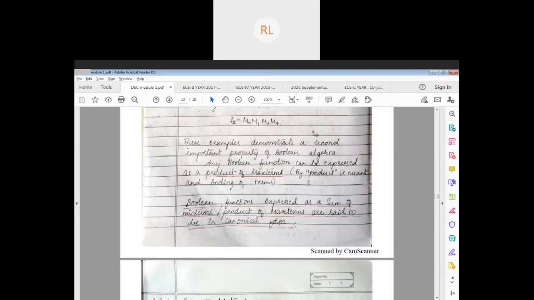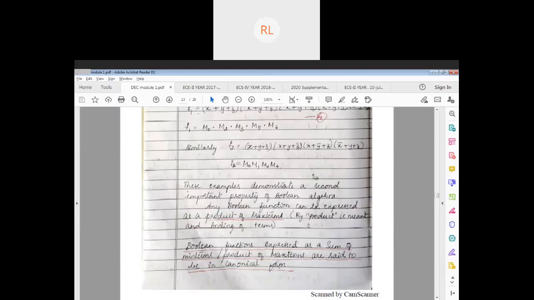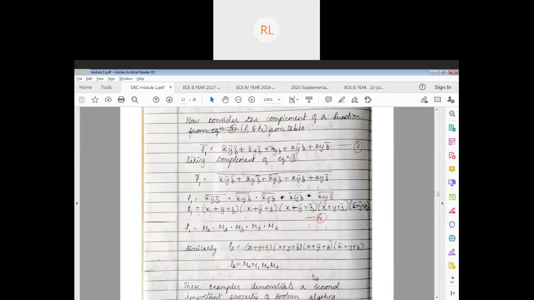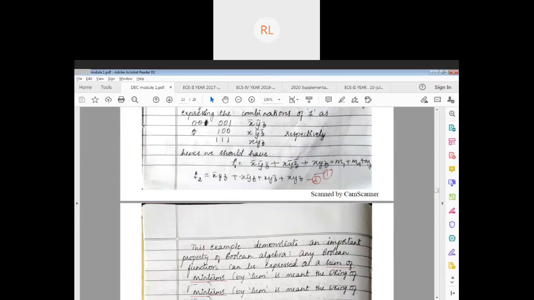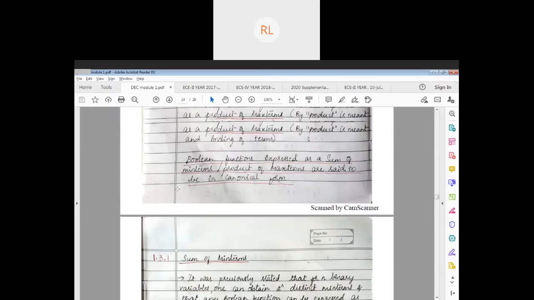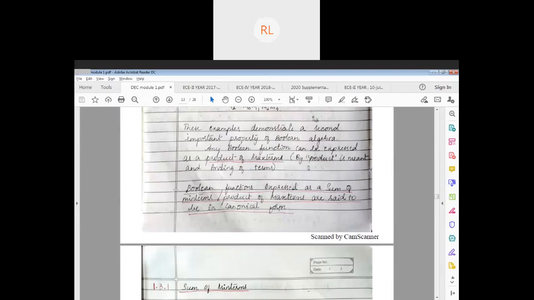Boolean functions expressed as sum of minterms or product of max terms are said to be in canonical form. So if I can represent them in the form of these capital M's and these small m's, then they are in standard form or canonical form.